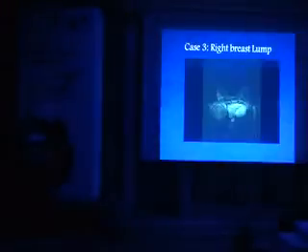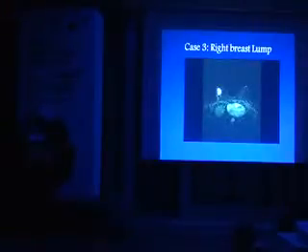I want to show you something that you should take care of. What does this picture give us? Don't you notice there are some internal septations, non-enhancing septations that are traversing the big mass here? Can you see these septations? I need an answer, yes or no? I can't hear you.